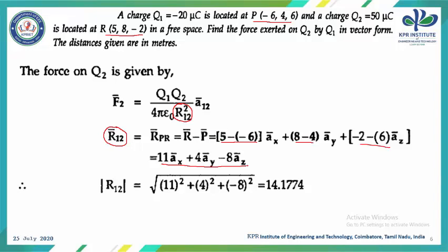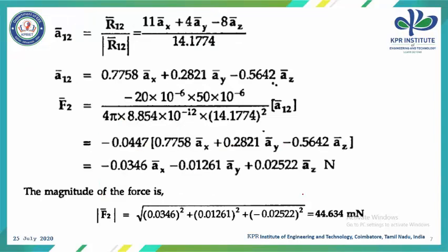Now you want to find the magnitude of this. Just apply the square: 11 squared plus 4 squared plus minus 8 squared, and apply the root. You are going to get the distance equal to 14.1774. Now what is the A12?